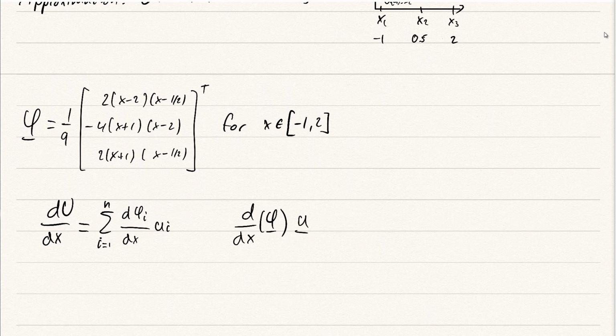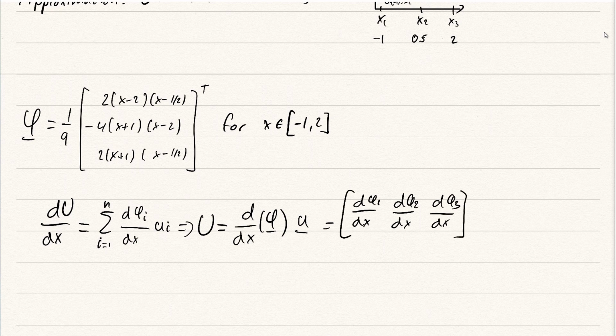All right, so how does this multiplication look like? What this will yield is dφ1/dx, dφ2/dx, and dφ3/dx, and this thing is multiplied by u1, u2, and u3.